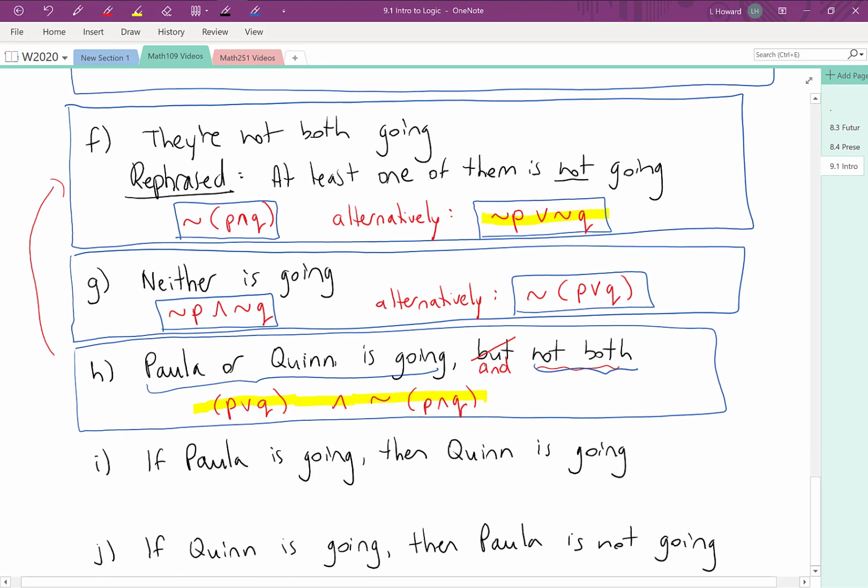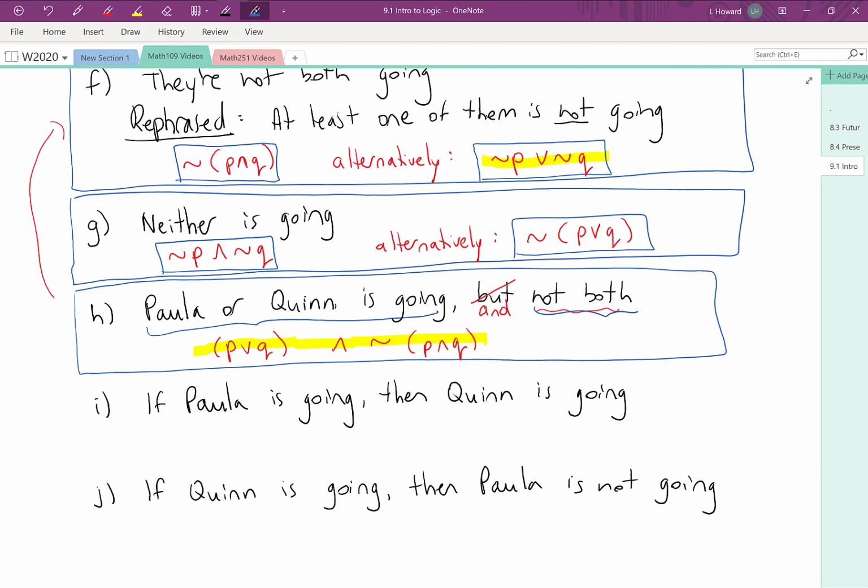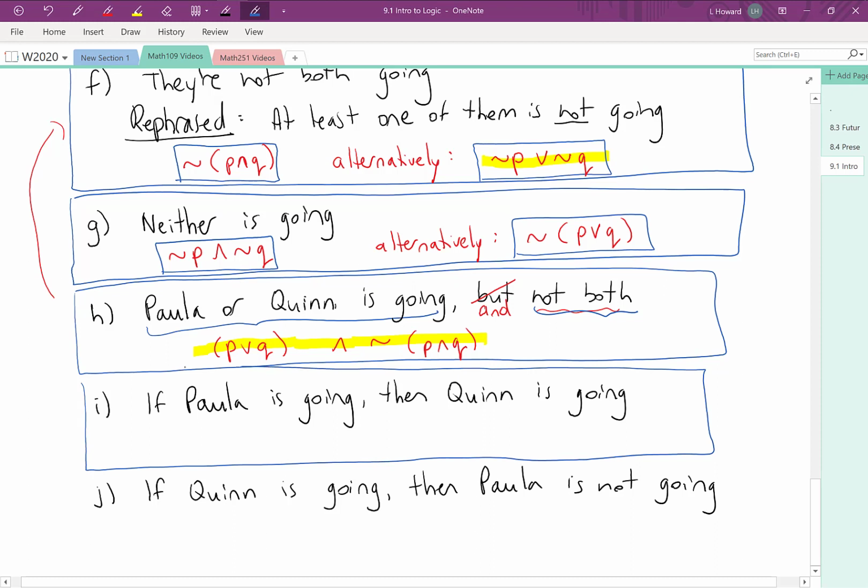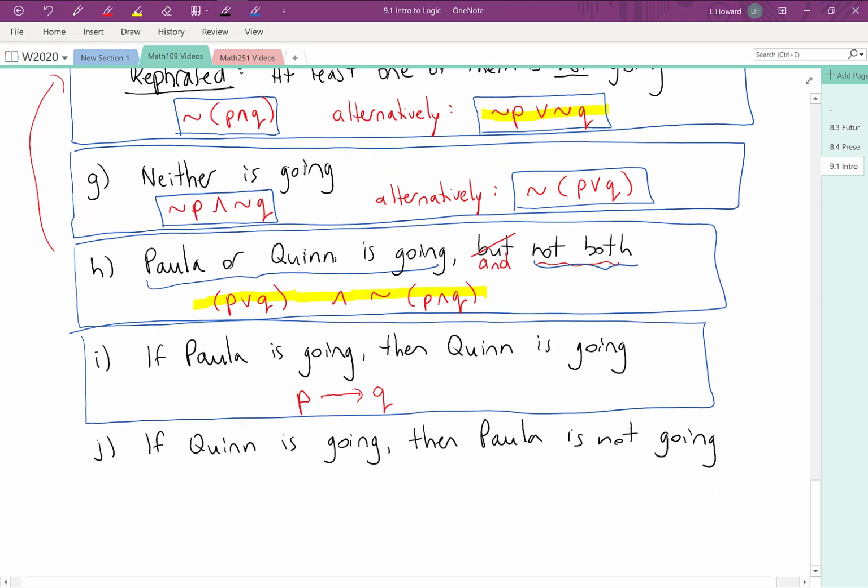Okay, now we're going to do two more, just practicing the if-then structure. So if Paula is going, then Quinn is going. Well, to represent the if-then structure, you write the first thing and then the second thing with an arrow going to the right. So if Paula is going, then Quinn is going. We'd write it like that.